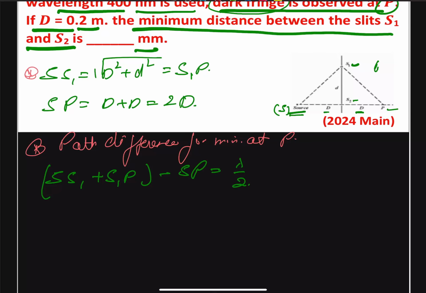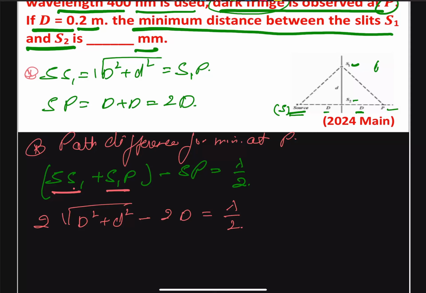As SS1 and S1P are equal, we can simply substitute by twice. This comes as twice the square root of D square plus small d square, minus SP, that is 2 capital D, is equal to lambda by 2.